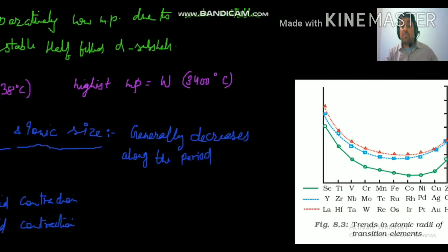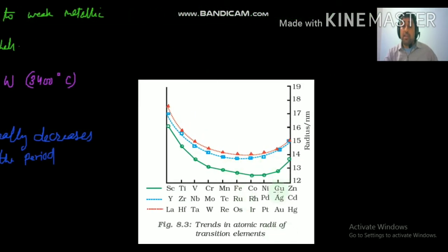Now let's see one graph. Here the green one is the 3d series, the blue one is the 4d series, and the red one is the 5d series. You see in the 3d series there is a remarkable difference between the size of 3d and 4d. But if you compare the size of the 4d series and 5d series, they are almost nearby.